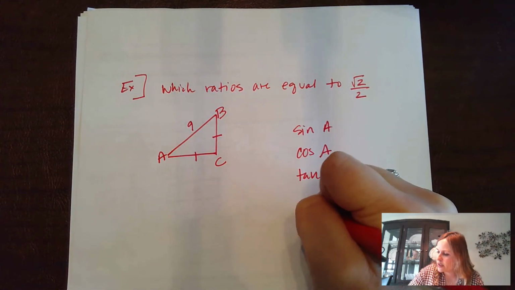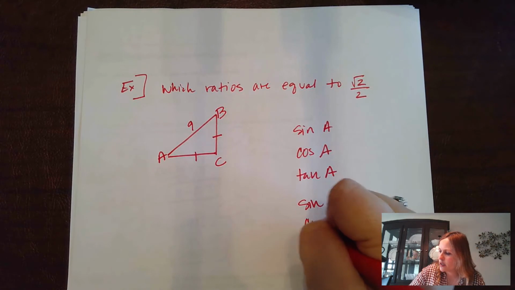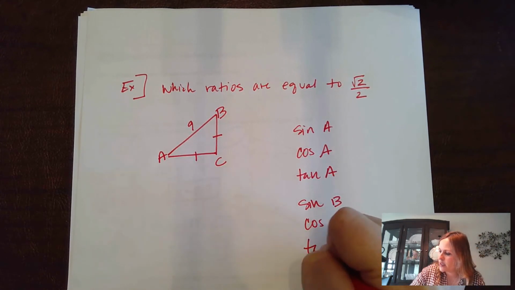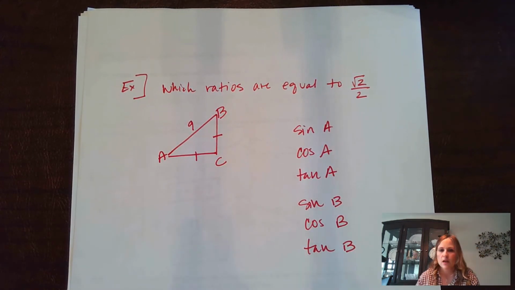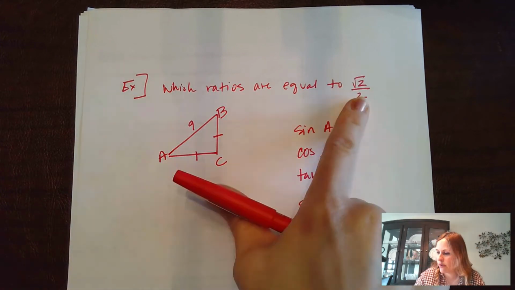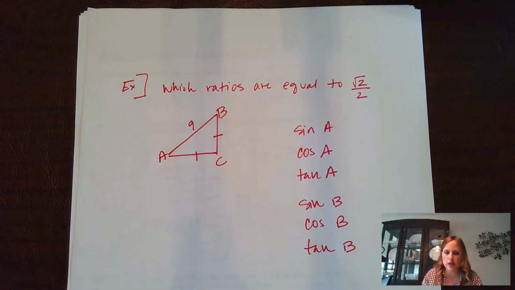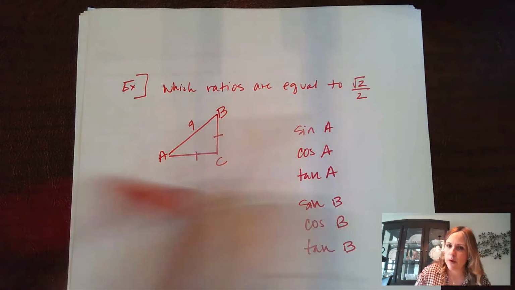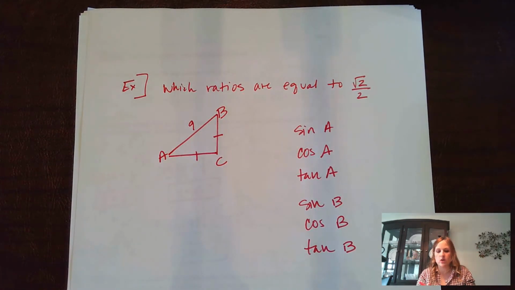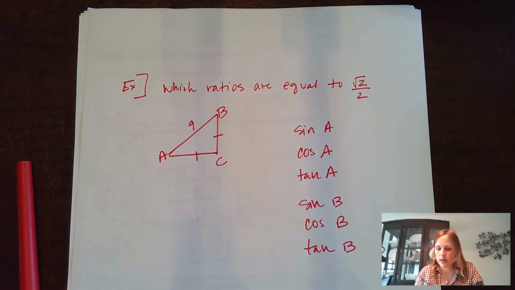And then let's do sine of B, cosine of B, and tangent of B. So I'm going to combine the special right triangle stuff that we did with just using sine, cosine, and tangent. All right, so this is what I'm asking for.